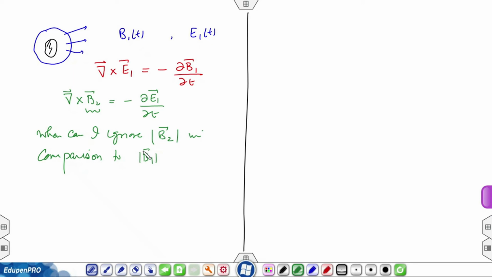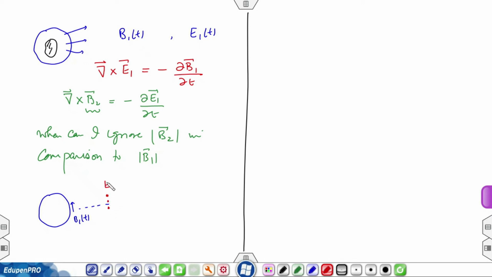So, let us now quickly do some calculation. Here is the boundary, here is some B1(t) giving rise to E1. Let us say I am calculating E at some distance, it will be coming out because of the curl equation.